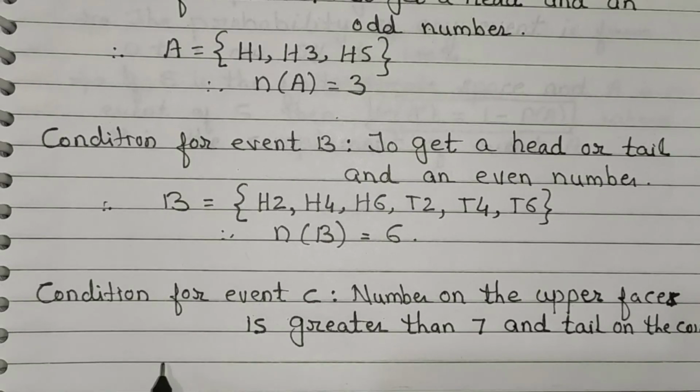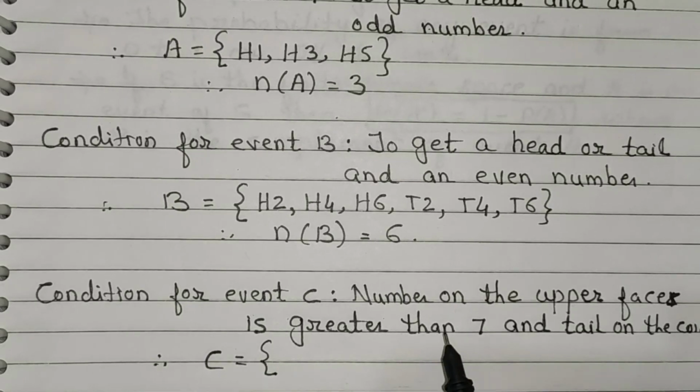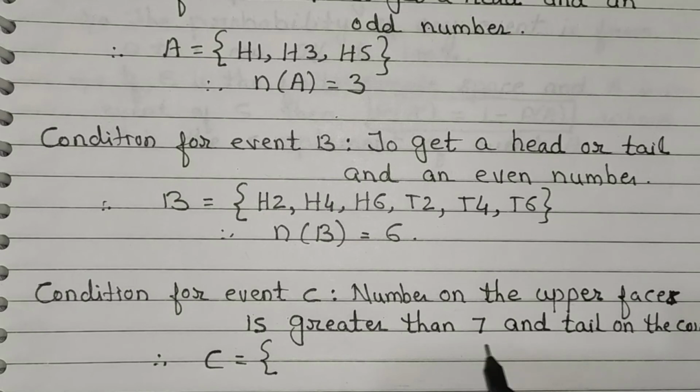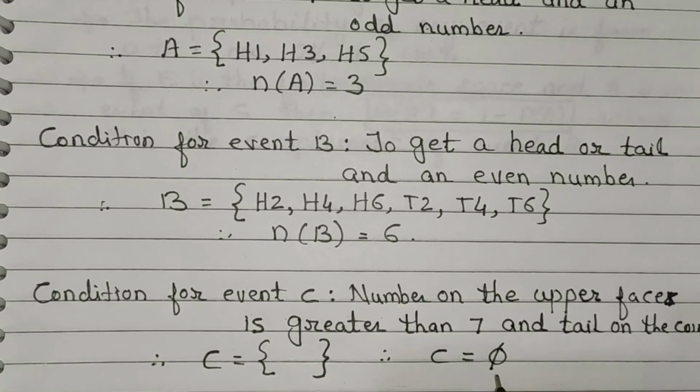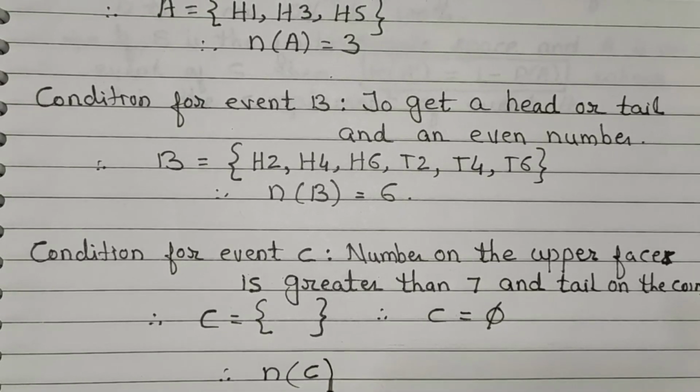Therefore, C is equal to, now number on the upper face is greater than 7. Now we don't have 7 or greater than 7 numbers on the upper face. Therefore, it is an empty set. Therefore, C is equal to phi, denoted by phi. Write down here. Number of elements in set C is equal to 0.